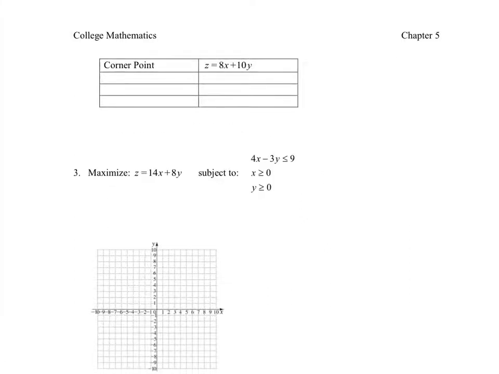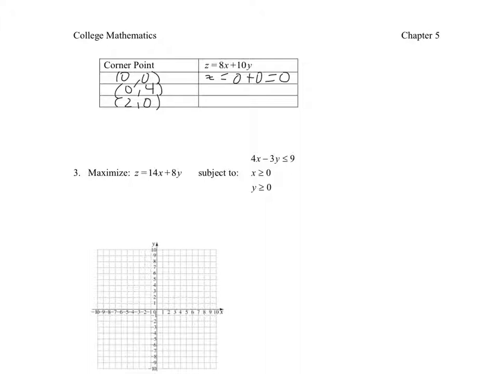Okay, we said our corner points were 0, 0. We had 0, 4, and we had 2, 0. And we're trying to maximize. Now, I'm pretty sure 0, 0 is not going to maximize it, because 8 times 0 is 0, 10 times 0 is 0. That is probably not my maximum.